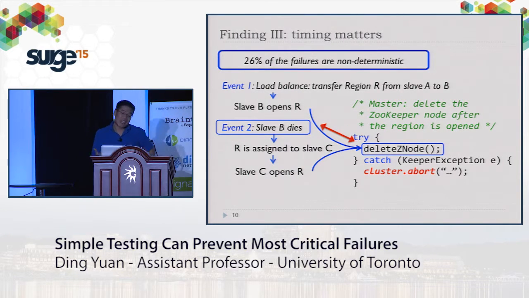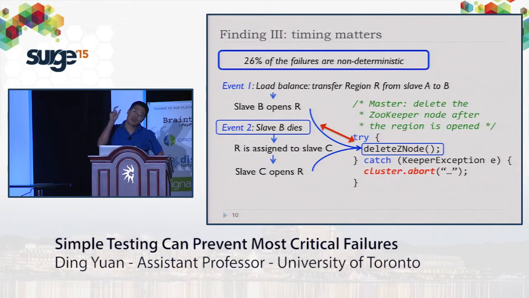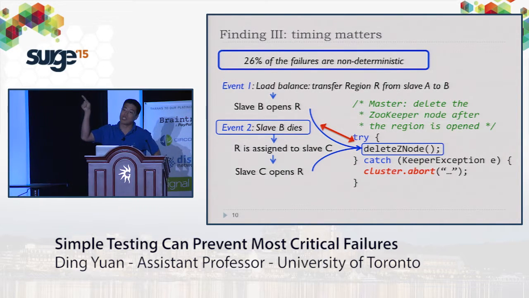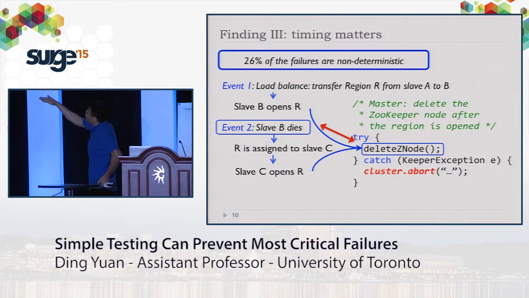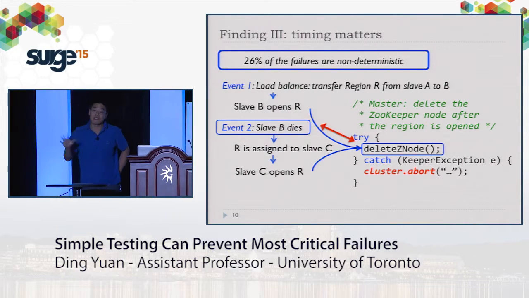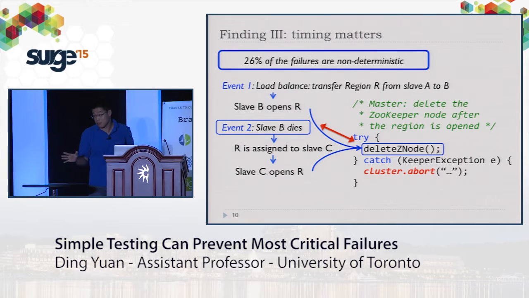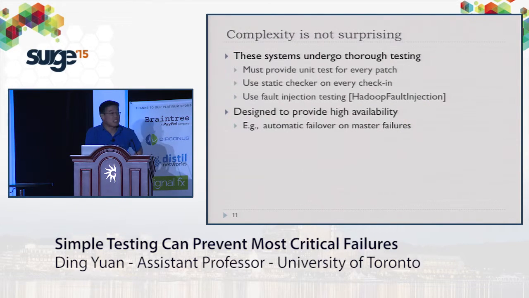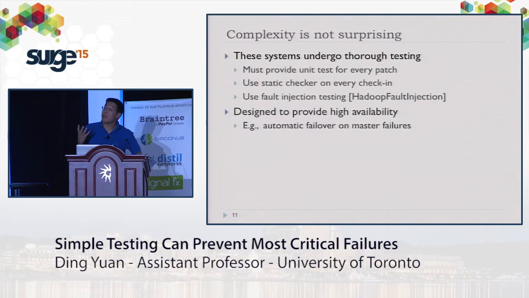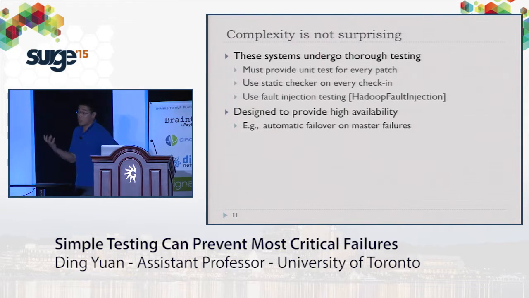In this case, the second event where the node crashes has to occur after the master has deleted the zookeeper node. And if this event has occurred slightly earlier, before the master deleted the zookeeper node, this failure will not manifest.